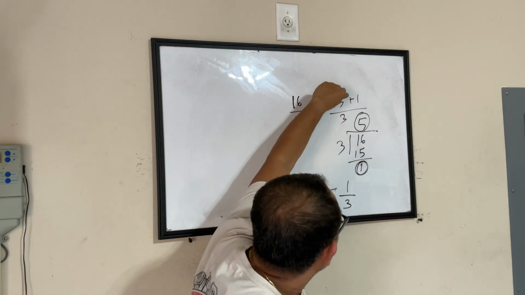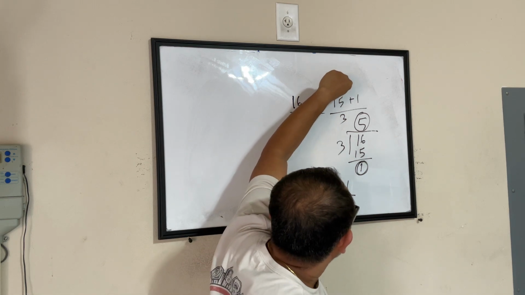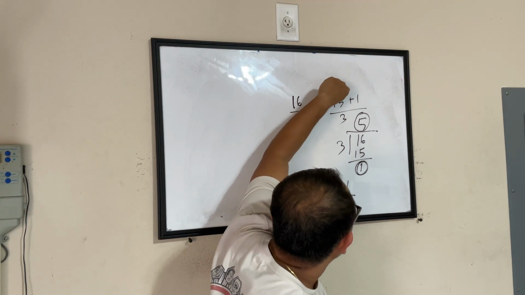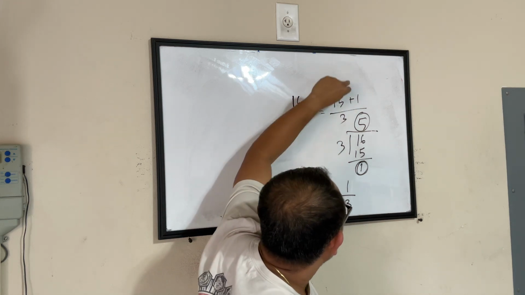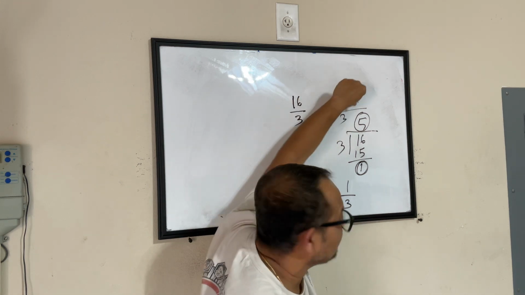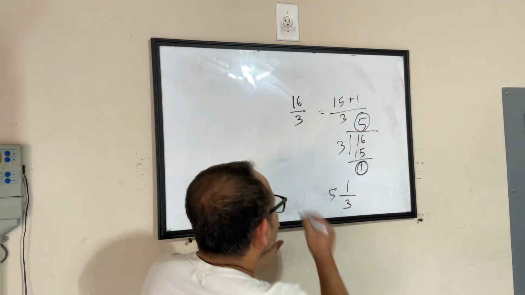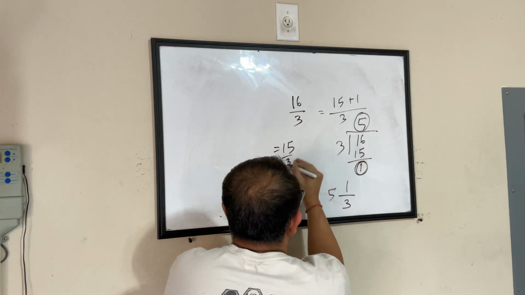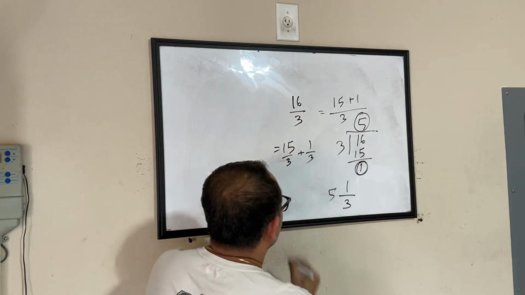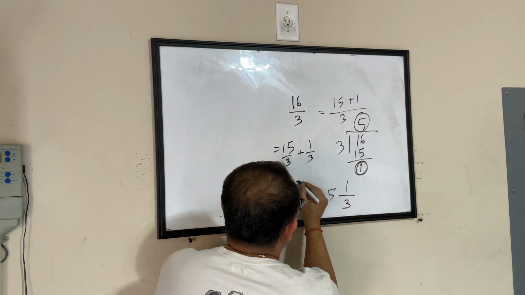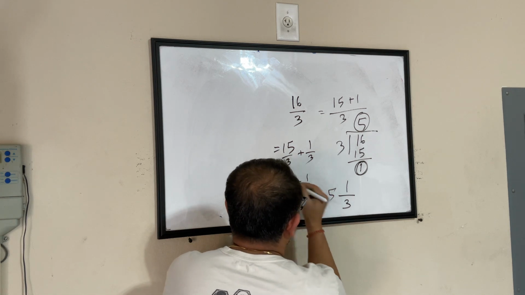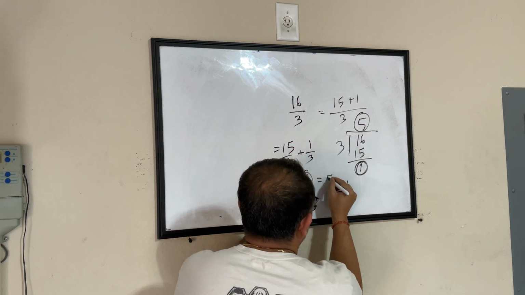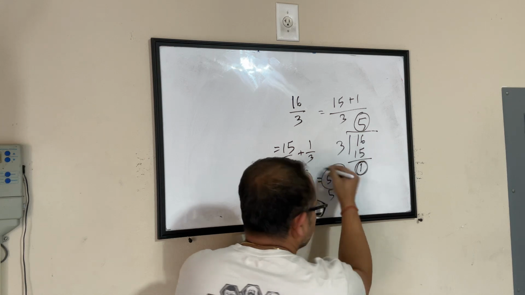So 15 plus 1 by 3, or I can say 15 by 3 plus 1 by 3, right? So this becomes 15 by 3 plus 1 by 3. 15 by 3 is 5 plus 1 by 3. So a whole number and a fraction. You can write this as this. Yeah?